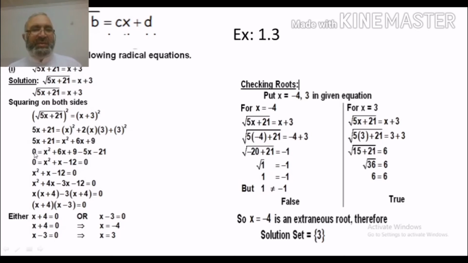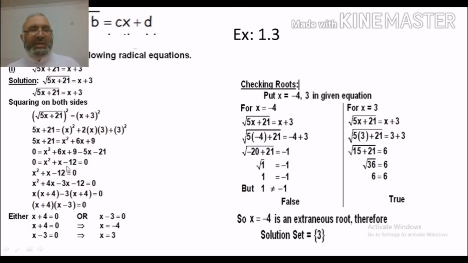So we transform here 0 is equal to, transform all these terms to the right hand side. We get x square plus 6x plus 9 minus this one, minus 5x minus 21 on the right. So simplifying, adding like terms, we get x square plus 6 minus 5 plus x plus 9 minus 21 become minus 12 equal to 0.